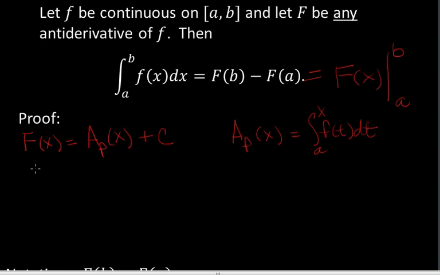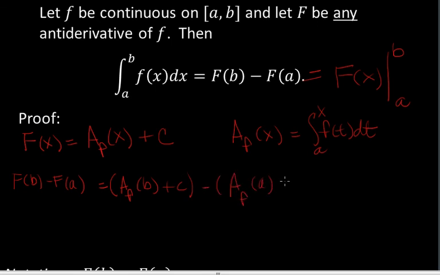So we know these just differ by a constant because by the fundamental theorem, A sub f is an antiderivative of little f. So we can just write F of b minus F of a and change F of b to A sub f of b plus that constant, minus A sub f of a plus that constant.